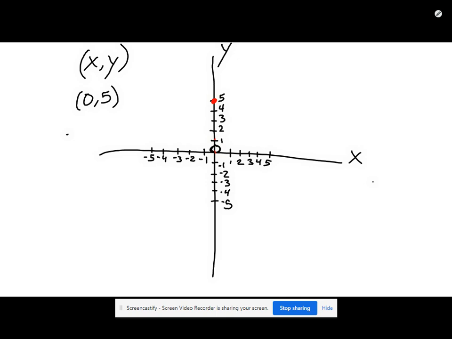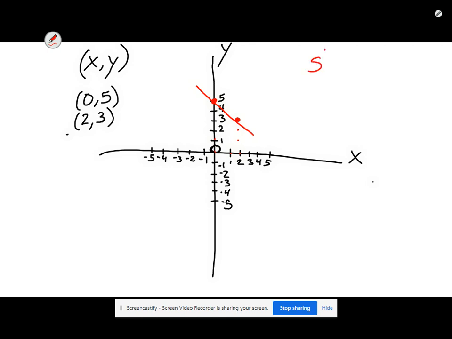So now let's say our next one is 2, 3. So I'm going to do my x first, go to my 2, and then go up 3. And there's my line.